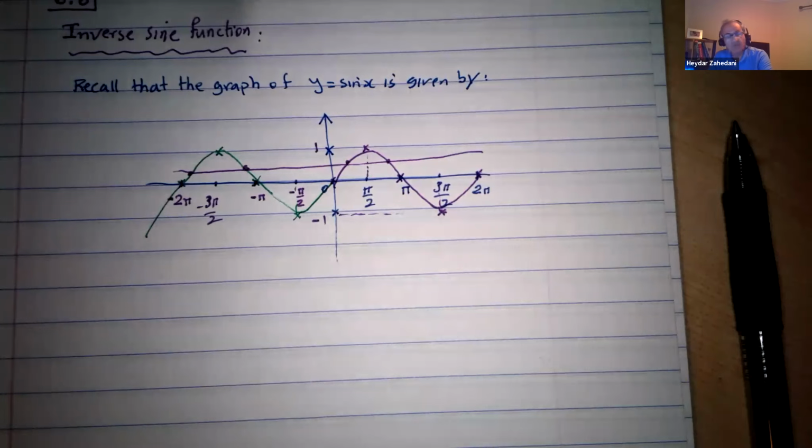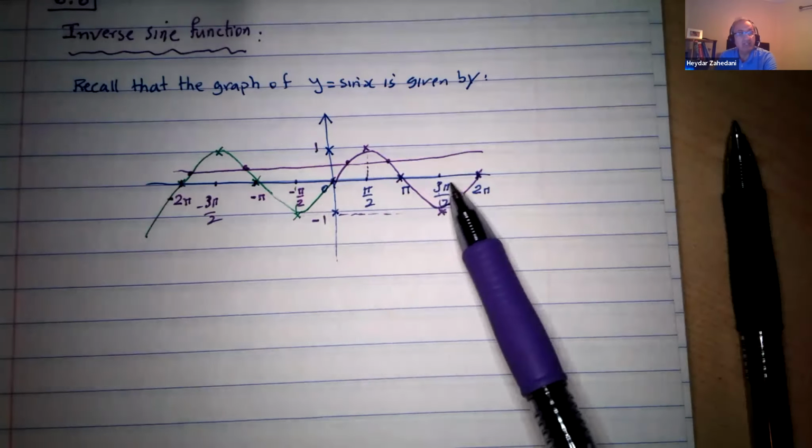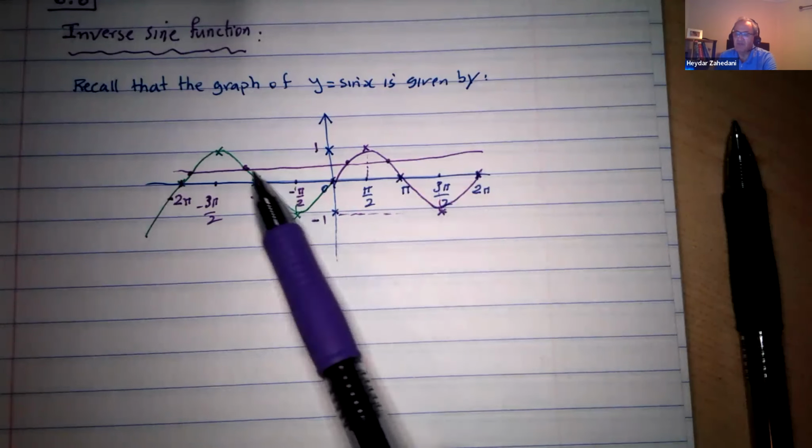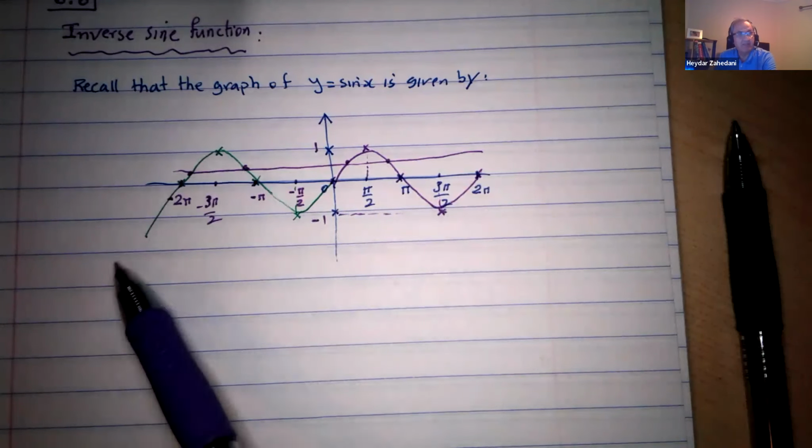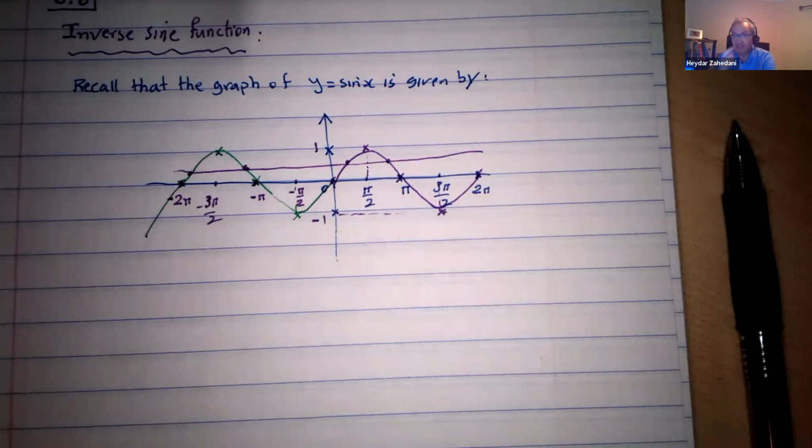So this means if you consider the sine function or any other trigonometric function in their natural domain, they are not going to be invertible, because these functions are periodic, and you know that after an interval, this graph would repeat itself. For the sine and the cosine, the period is 2 pi. For the tangent, it is pi.